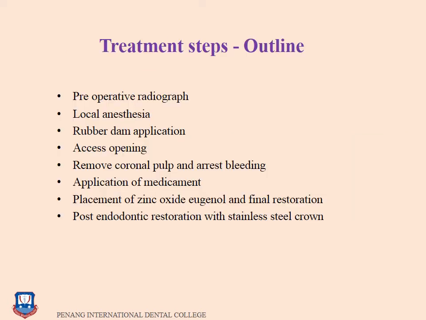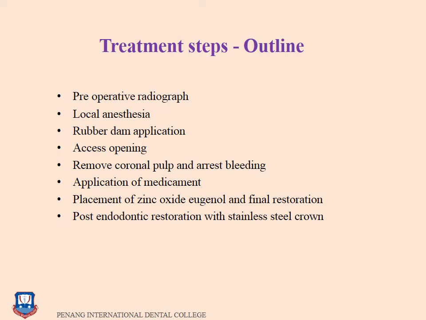So, moving on to the treatment steps and outline. First, pre-operative radiographs are taken to diagnose and decide on a treatment plan. Once the treatment plan is decided for pulpotomy, local anesthesia is given to the patient, after which a rubber dam application is done.